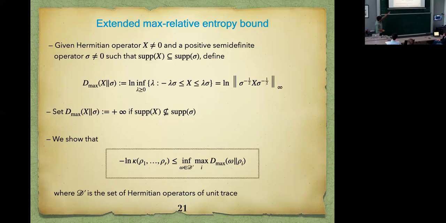Using that with some basic mathematics, you can show that this quantity on the left hand side is bounded above by this regularized or optimized extended D max quantity. And the quantity on the left hand side was already an upper bound on the asymptotic error exponent. So we get another upper bound.